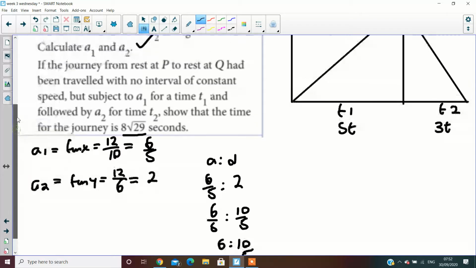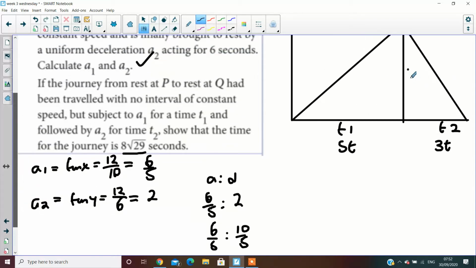Is there any other information I have? I know the total distance, don't I? So I can use 2 triangles or 1 triangle, it's all the same, so I'll just use the 2 triangles. A half base times height plus a half base times height.